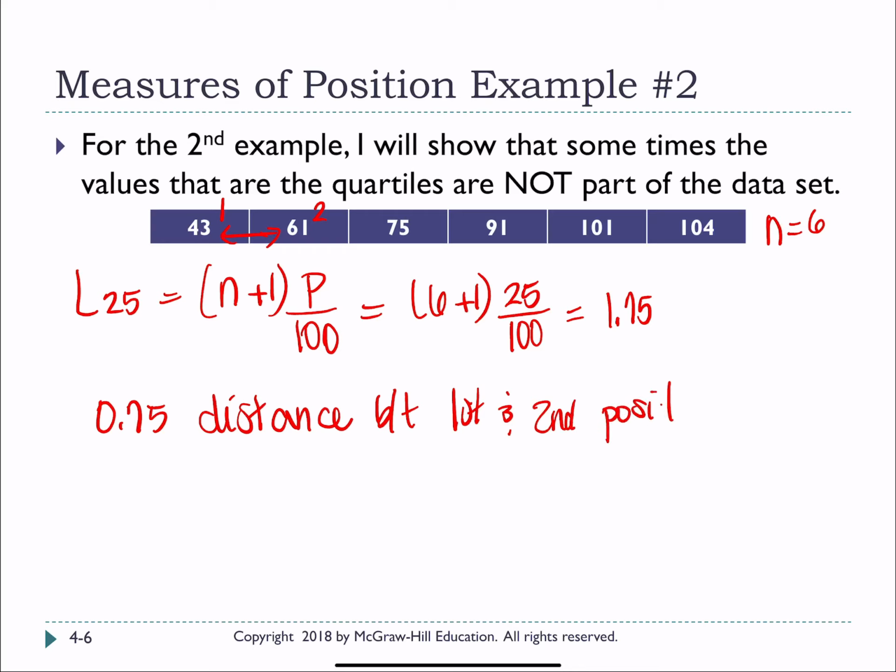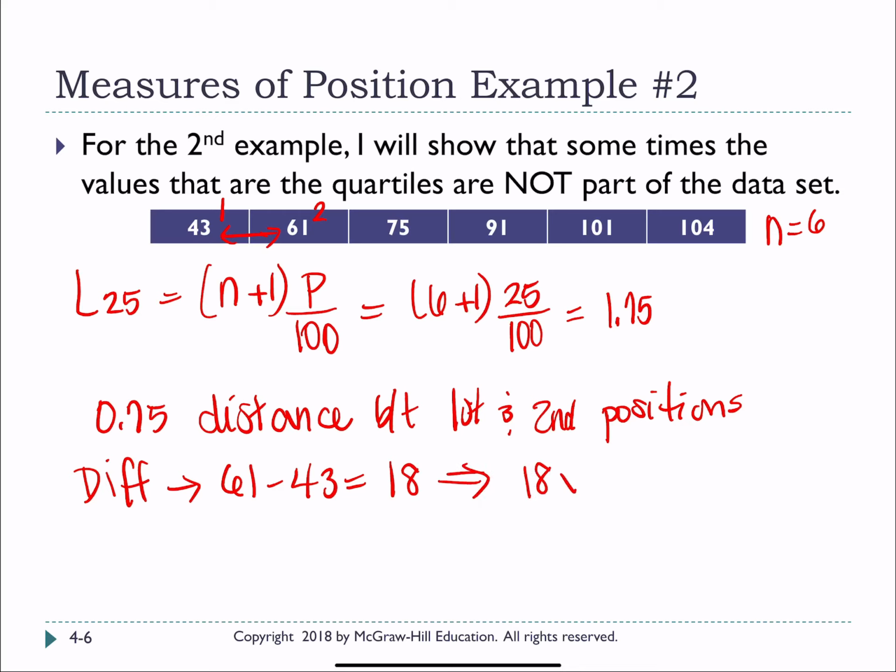Okay, so we're going to do a little bit of math here to figure this out. First, we need to know the difference between 1 and 2. And so we're going to find that by just taking 61 minus 43, and we get a value of 18. Okay, then we're going to take that 18 and multiply it by 0.75 to get a value of 13.5. Almost there.